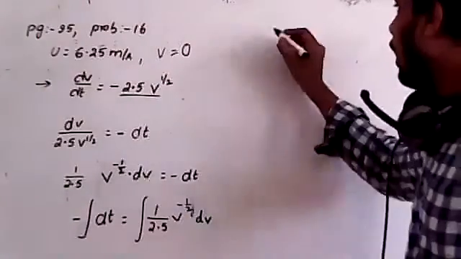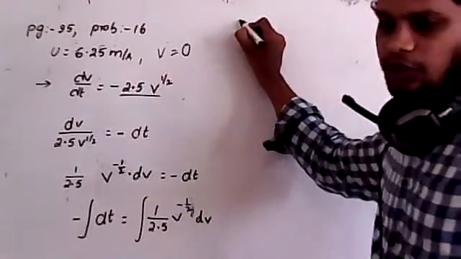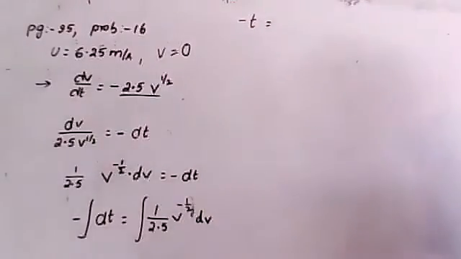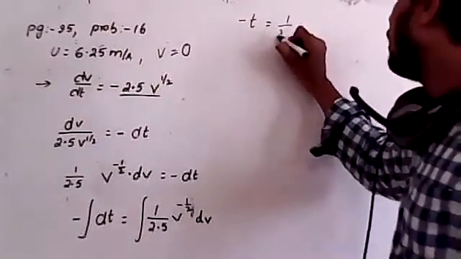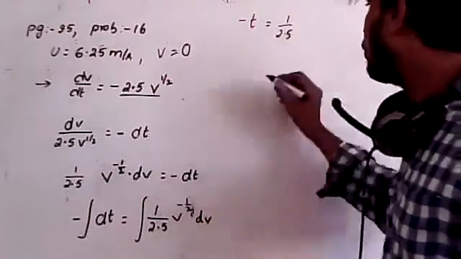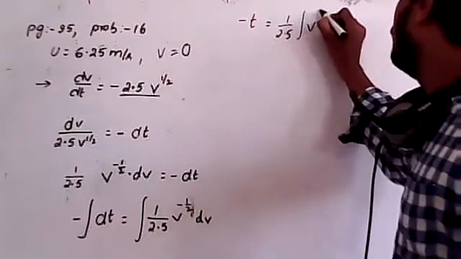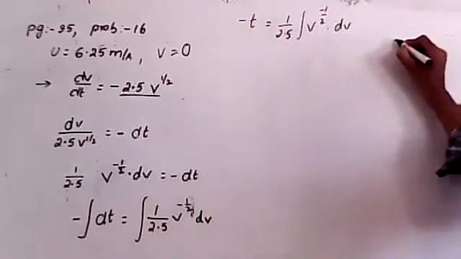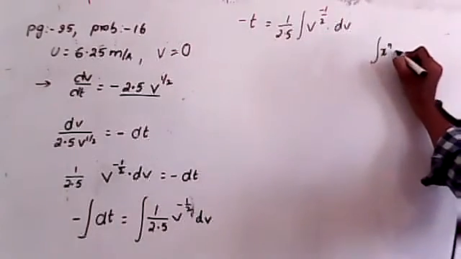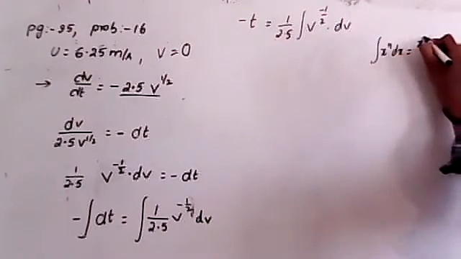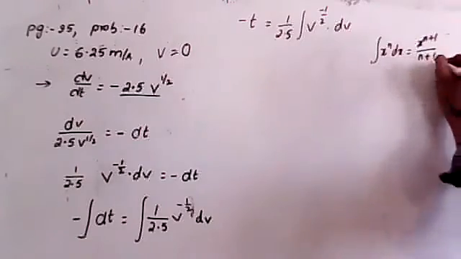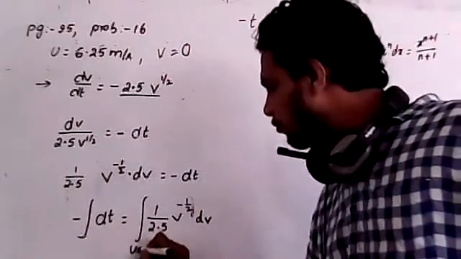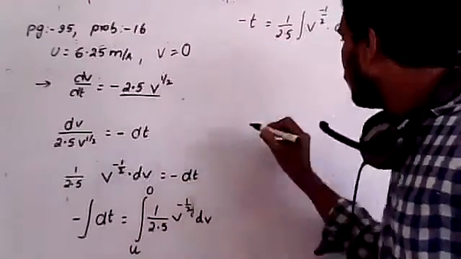Now I will take integration of minus dt, which is minus t, equal to 1 by 2.5, which I take out of the integration, times the integration of v power minus 1 by 2 into dv. Now it looks like x to the power of n dx. So what is the integral of x to the power of n dx? It is x to the power of n plus 1 by n plus 1. But I will take it between the limits, initial velocity to final velocity.